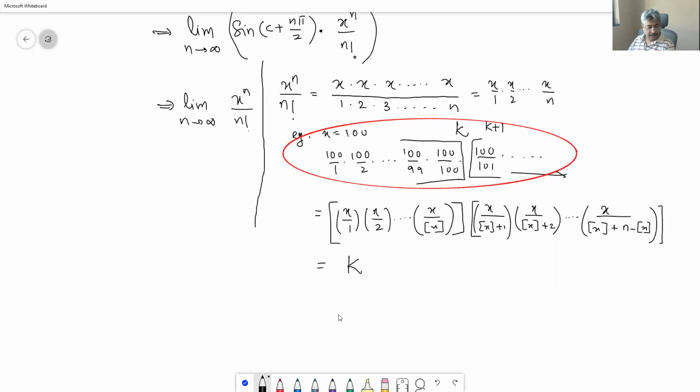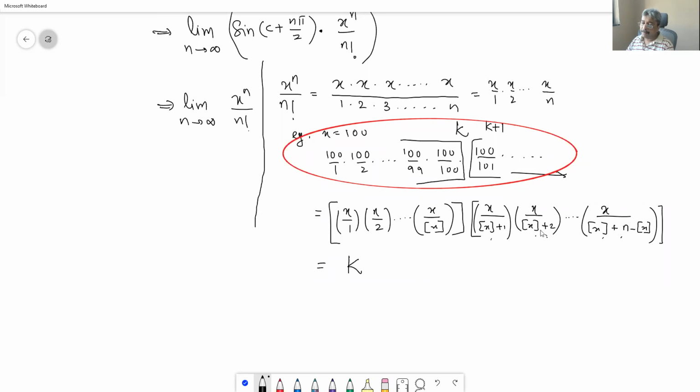K is the product of these. The denominator of each of these brackets is bigger, therefore this bracket is smaller than this bracket, and this bracket is smaller than this bracket.